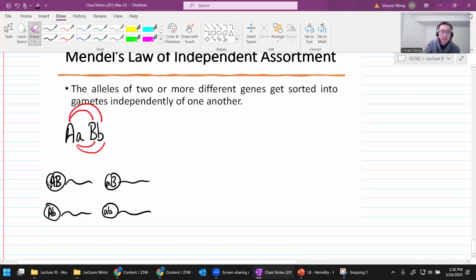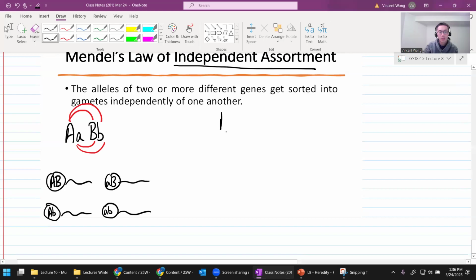Getting the big A doesn't necessarily mean you have to get the big B. It could be big A, big B, or big A, small b. Similarly, if you get the small a, it does not necessarily mean you have to get the small b. That's why it's called independent assortment. What you get for one gene does not affect what you get for the next gene.